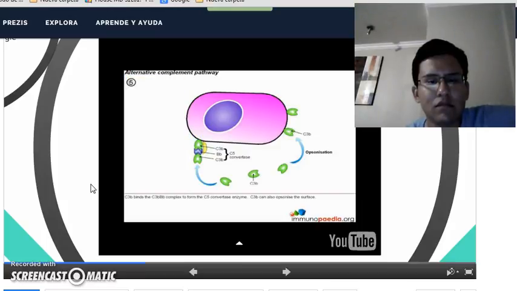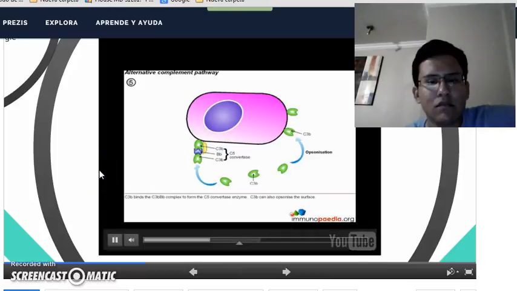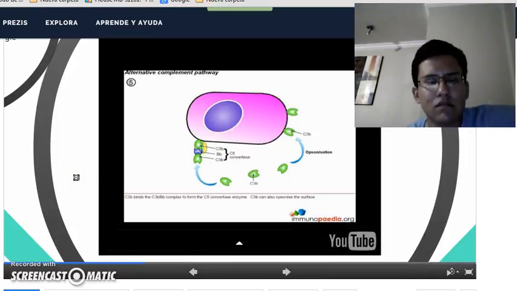So this time we won't need an antibody, but how should we activate this alternative pathway? We will have in our circulation some C3 that is already cleaved into C3b. This circulating C3b will come and bind to the LPS.